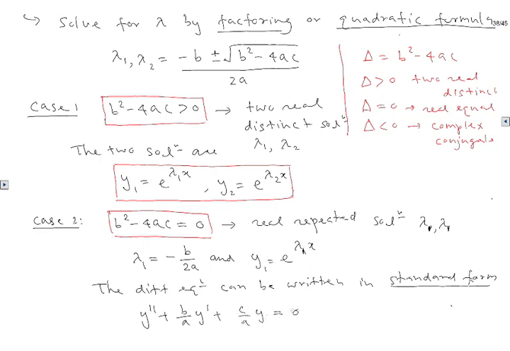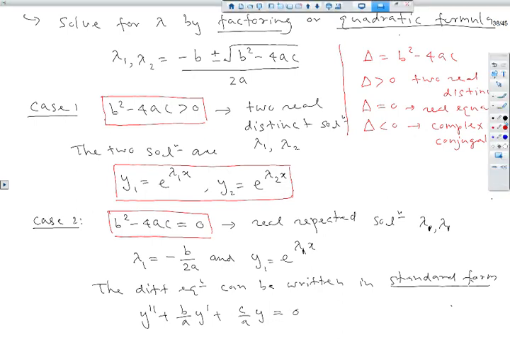Now, we already know one solution is e to the lambda 1 x. To find the other solution, we can use the reduction formula that we discussed earlier. So let's use the reduction formula now.